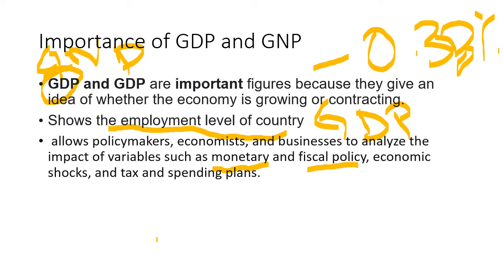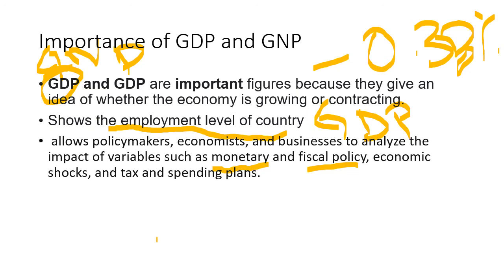So either the country is going to make a tight monetary policy and loose fiscal policy, or tight fiscal policy and loose monetary policy. That all depends on the growth of GDP and GNP. So it is the GDP and the GNP which are used to make economic policies.